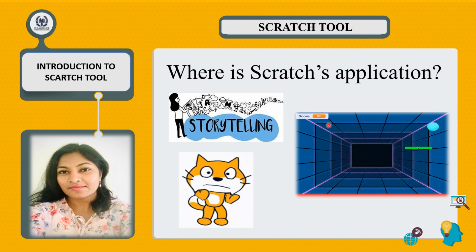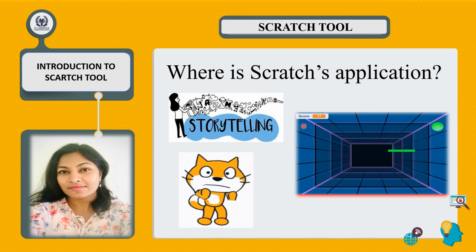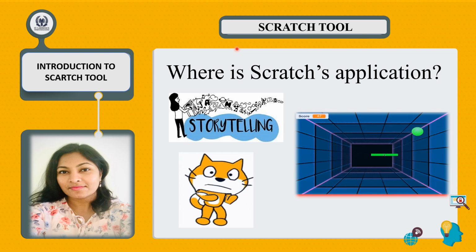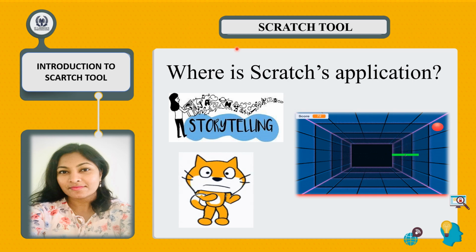And once you start getting more scores, like maybe equal to 100, it announces you win. So all this is designed using Scratch programming. So it is very interesting for children, and as they enjoy doing these games, they will also start coding using this block-based programming.